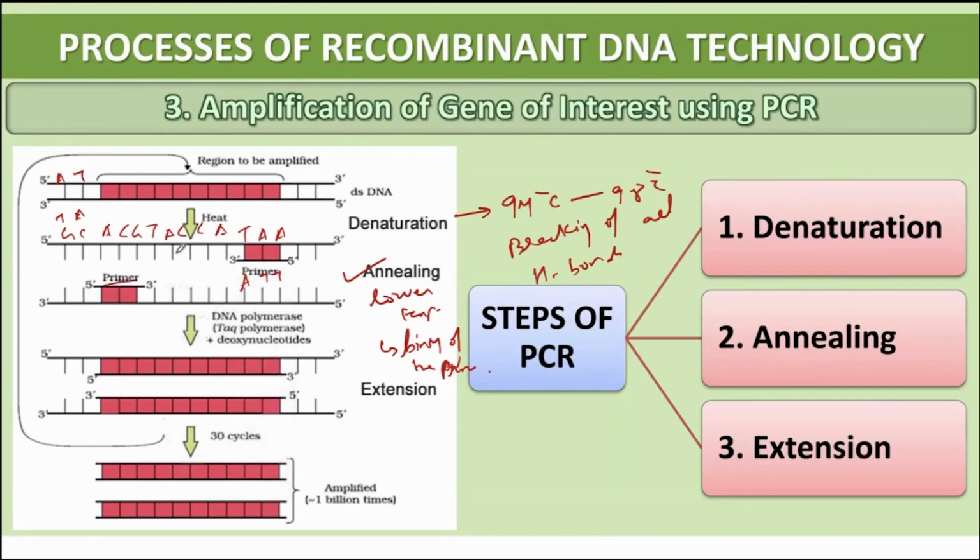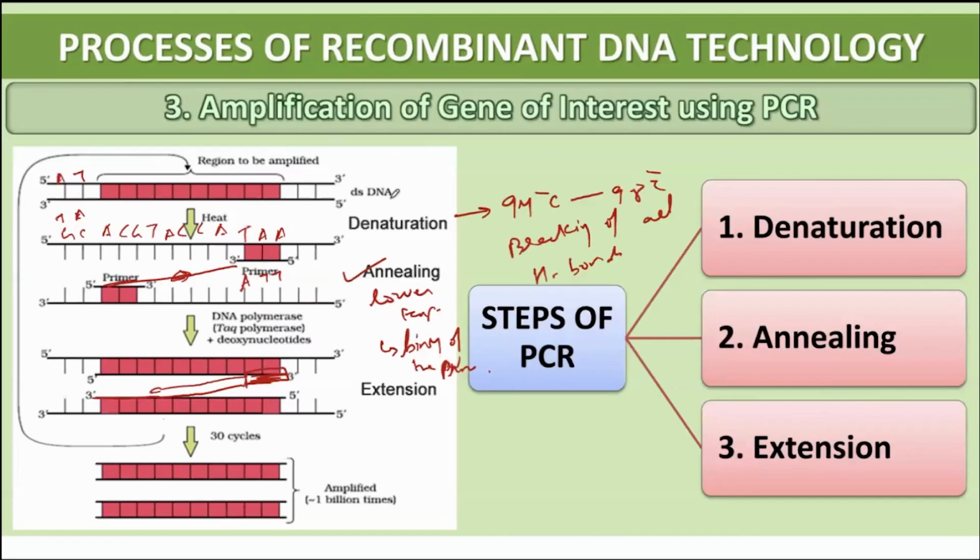The DNA polymerase will keep on taking deoxynucleotides from the solution and keep joining them. This process is called extension, because initially it was short, but then it kept extending.